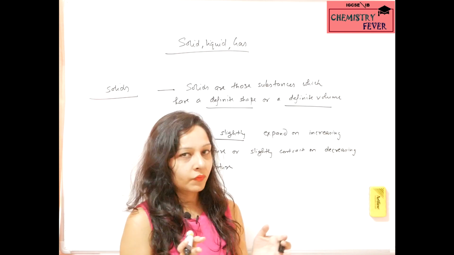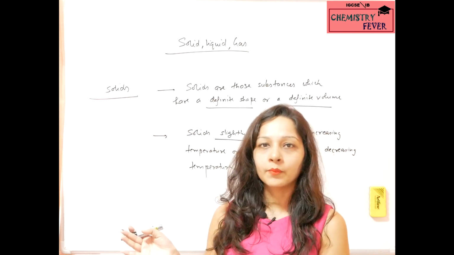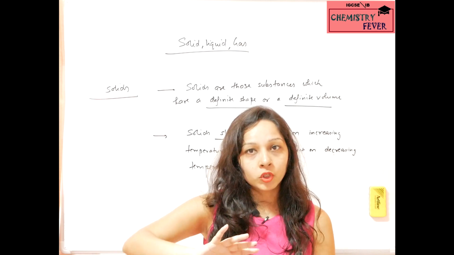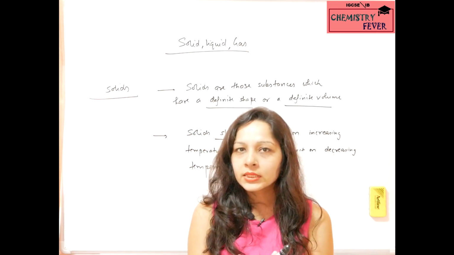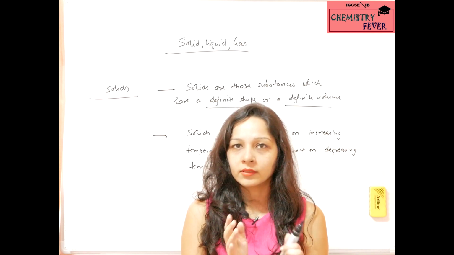Because we know solid is fixed. Before you reach its melting point, it's not like the solid is changing or expanding, which would mean it is becoming liquid. It can slightly expand, slightly.